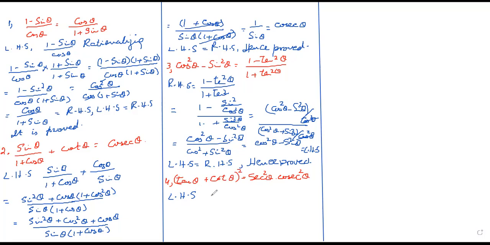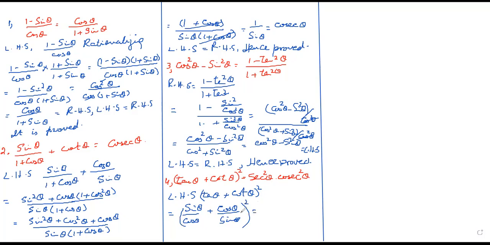So left hand side is tangent theta plus cotangent theta, the square. Now the tangent theta may be written as sine theta over cosine theta plus cosine theta over sine theta, the square.